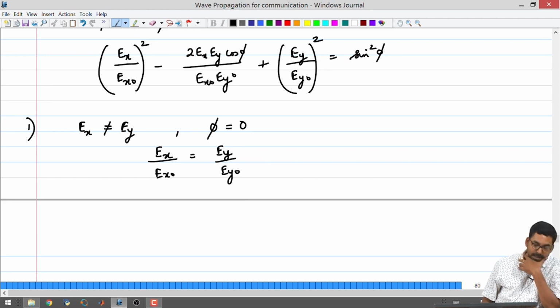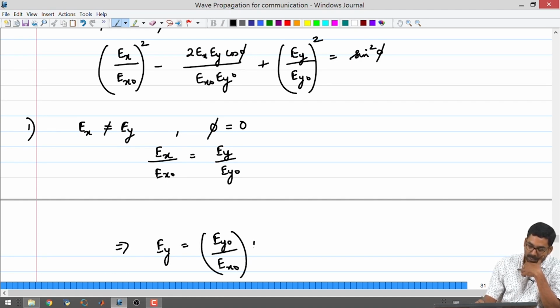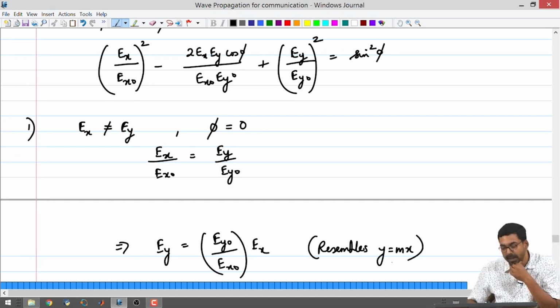Let us take this particular case. Or you could also write this down, if I know Ex, as Ey equals Ey naught by Ex naught times Ex. So this resembles y equal to mx, which is the equation of a line that passes through the origin.